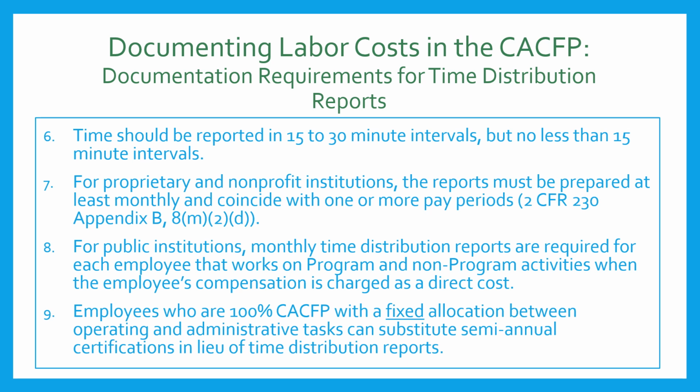I. For employees who are 100% CACFP and have a fixed allocation between operating and administrative tasks, certifications completed at least semi-annually can be substituted for time distribution reports. Time and attendance reports are still required. 100% dedicated employees must still complete time distribution reports if the allocation between operating and administrative tasks is not fixed.